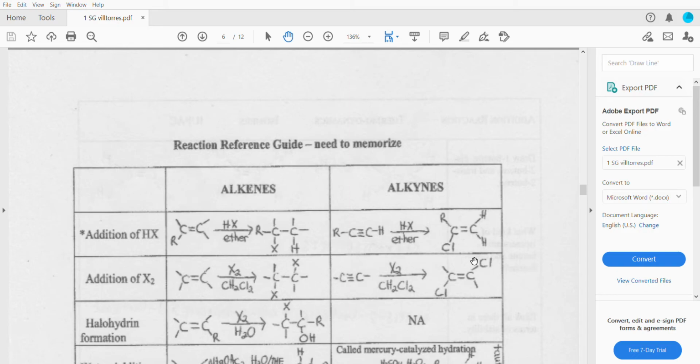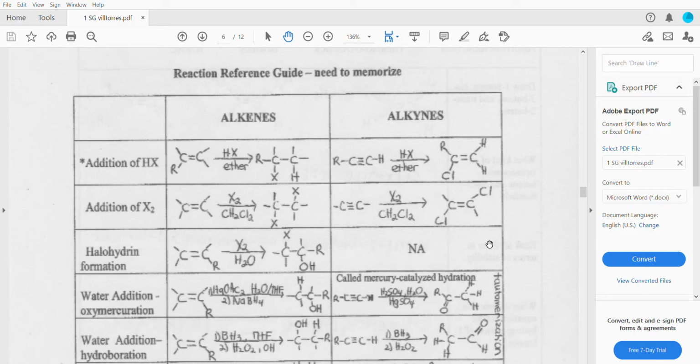Okay. Basically, you need to memorize addition of HX on a C double bond C, and how the X is added here and it breaks the double bond. Same thing with an alkyne, it breaks the triple bond, one bond, and Cl is added. Addition of X2: you can see how this double bond breaks and adds X here, X here.